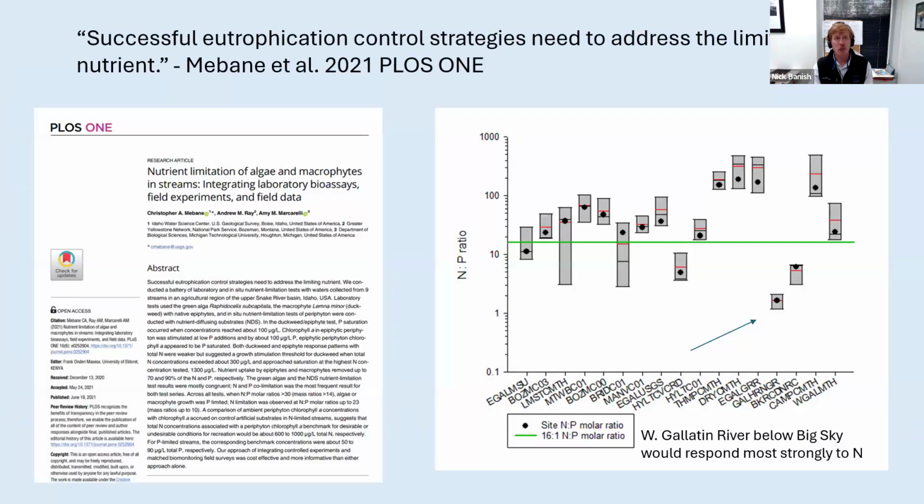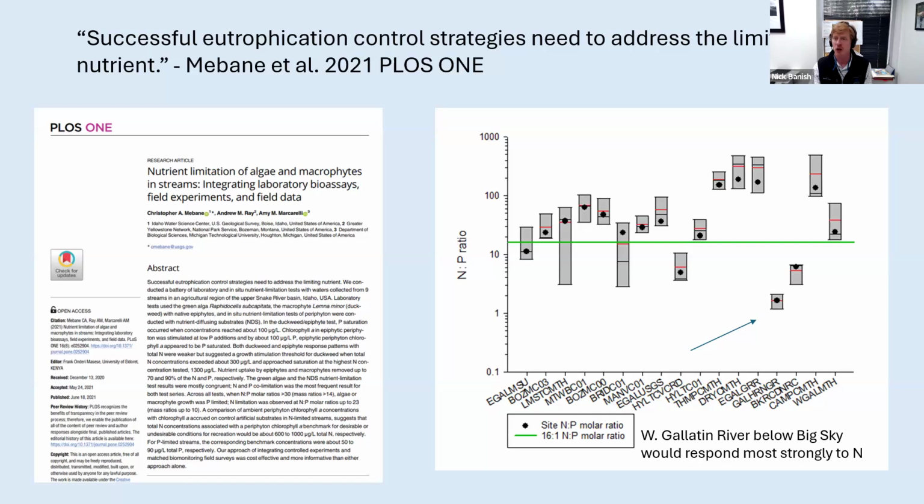Ultimately, we have to think about controlling the limiting nutrient. And I do not have enough time to get into this, but essentially we can look at this point right here where the arrow points onto the West Gallatin. This suggests that the primary productivity in this river ecosystem, the creation of new biomass in it, is limited by the supply of nitrogen.